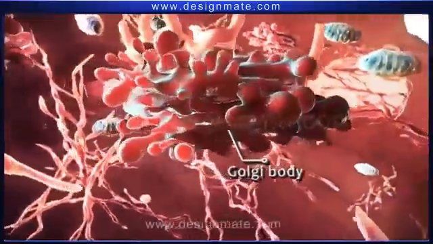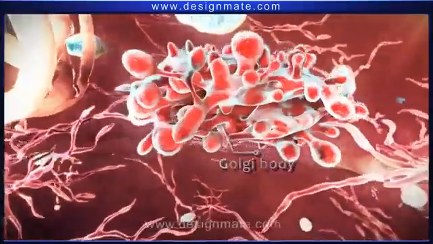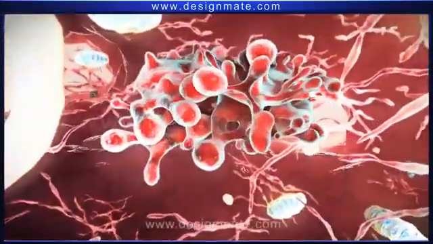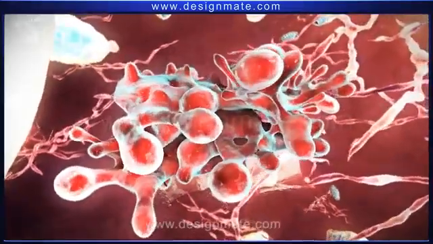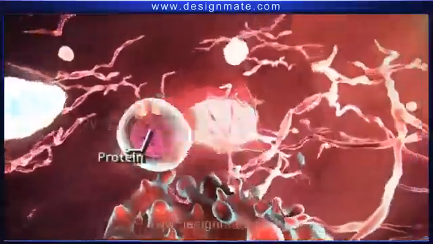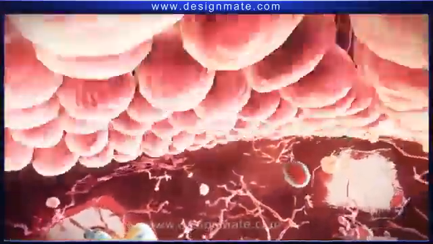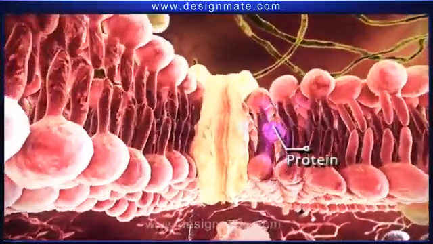Proteins and other materials are packaged and stored in the Golgi body. And when a molecule is needed elsewhere, the Golgi body distributes the material to other parts of the cell. When required, they also transport proteins outside the cell.